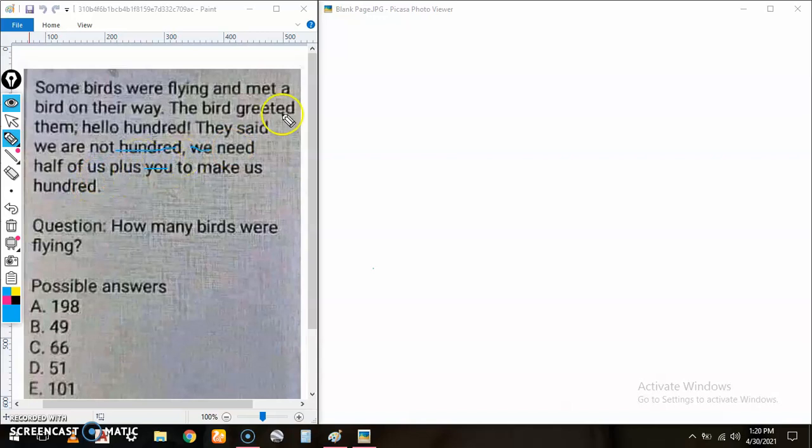So let "we" be x, right? And x, these ones are the birds, right? So let the birds be x. So they need the half of them. So they need x divided by 2 plus "you", so plus 1, right?